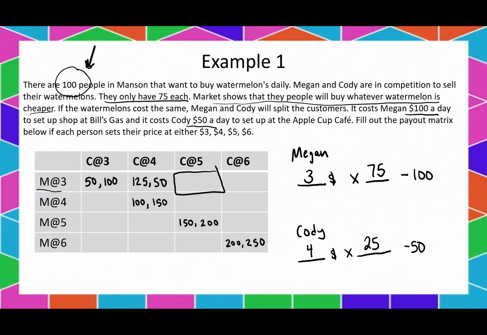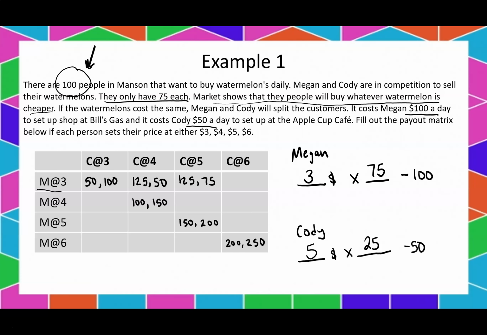Okay, let's try this one right here. This time Megan is still at $3 and Cody this time is at $5. But Megan's still going to get the 75 customers first because hers are cheaper at $3. So we do that math and I'm left with 125, 75.